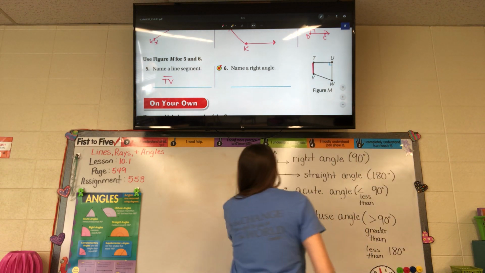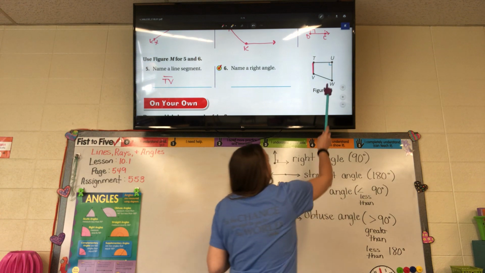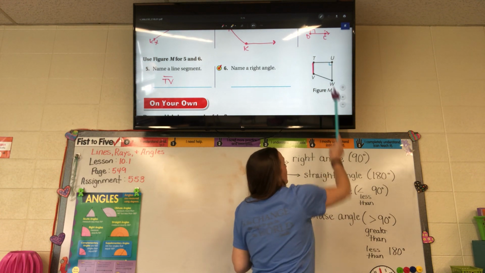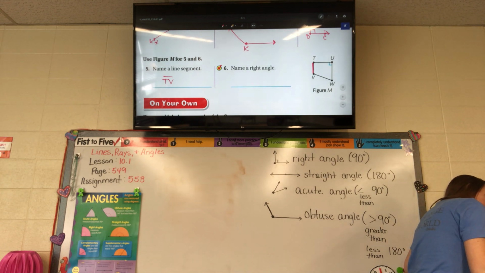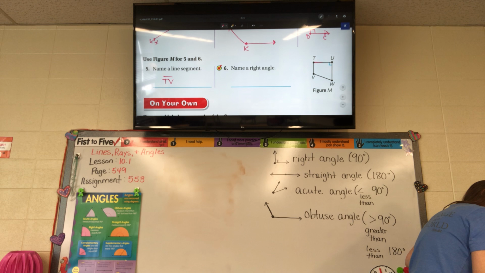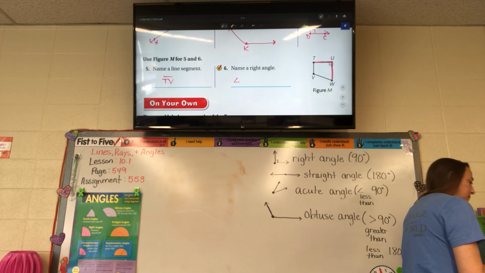Okay, now they want us to name a right angle. So remember, in a right angle, it's where we find the little box in the corner. So I see the box in the corner right here. So what I'm going to be naming is this angle right here. It's going to be angle first, our little angle symbol.